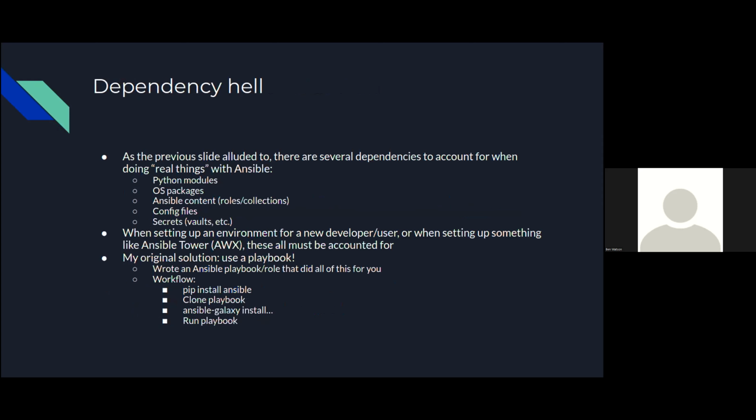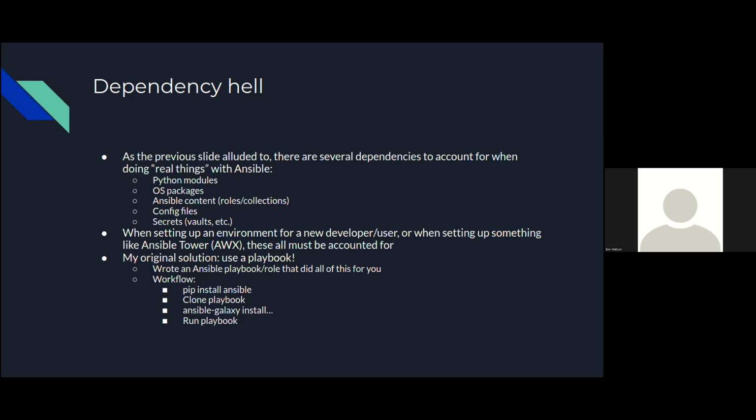And so this gets into your classic, what developers would always call dependency hell. And it kind of is an issue. You have to keep track of things: the Python modules and libraries that you need, any OS packages you need. Then there's the Ansible content itself. Are you using somebody else's role from Ansible Galaxy?